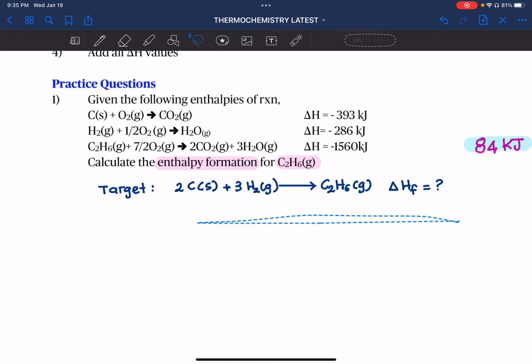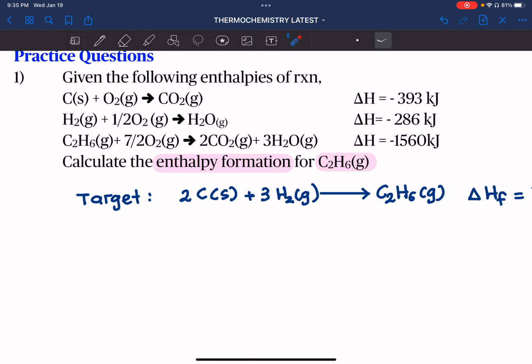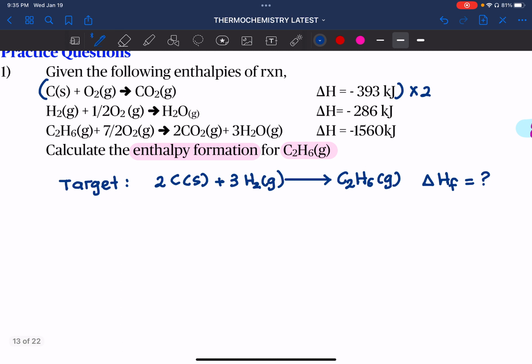Okay, for example, here, let's start from left-hand side. So here we have 2 carbon. So kita cari dalam banyak-banyak equation ni, yang mana ada 2 carbon. Okay, so madam jumpa carbon kat sini, tapi ada 1 carbon kan? Okay, so kita kena everything here we times with 2. Kenapa? Sebab kita nak follow target equation.